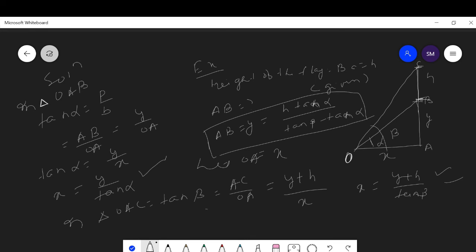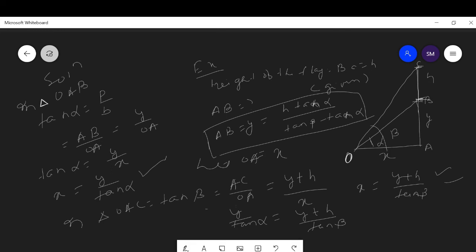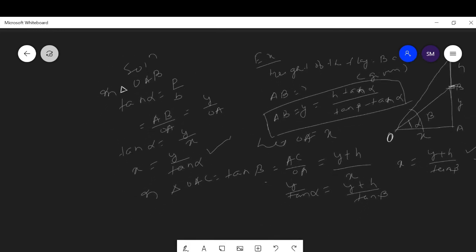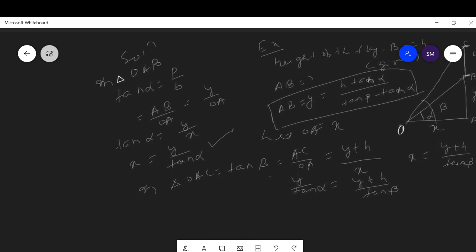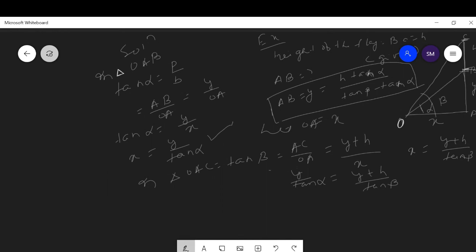Then equating this we get that y upon tan alpha is equal to y plus h upon tan beta. Then keep it here, then solve it. If I take next page, students, it will be a problem for you because the diagram is here.